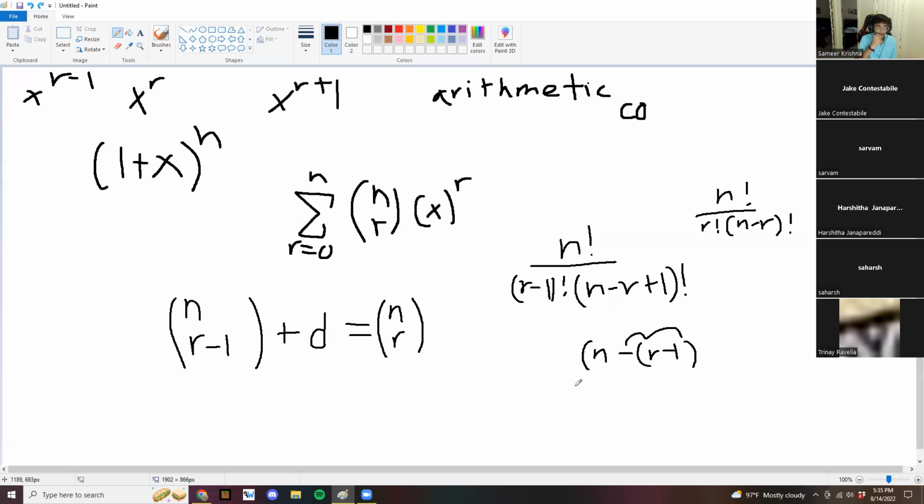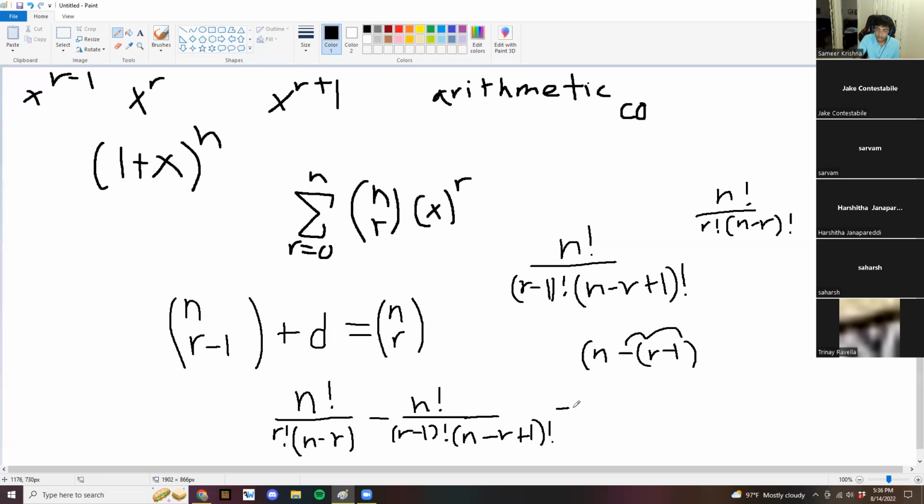Okay. Let's continue. So using this equation that we have over here, n factorial over r factorial times (n minus r) factorial, minus n factorial over (r minus 1) factorial times (n minus r plus 1) factorial, is equal to d, right?